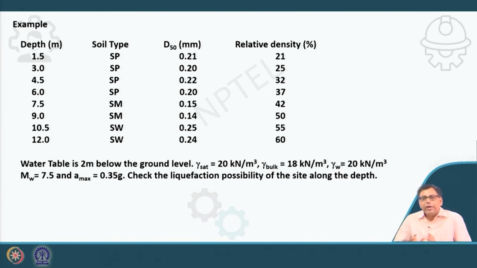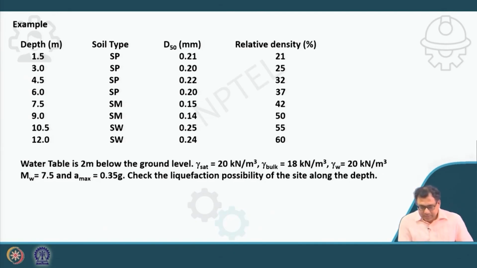That means well graded sand is less susceptible. Similarly, rounded soil particles are more susceptible to liquefaction as compared to angular soil particles. So the possibility of liquefaction is more for poorly graded sand as compared to well graded, but again we have to check it.